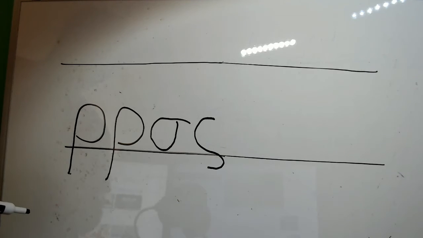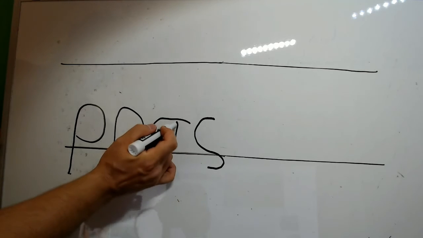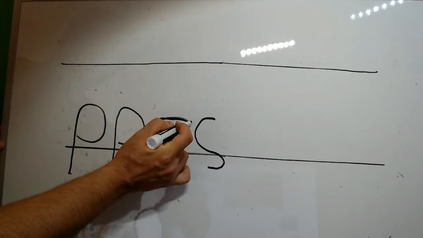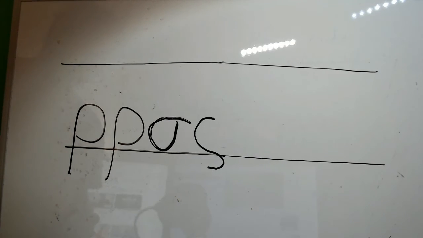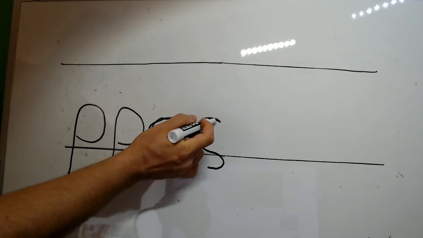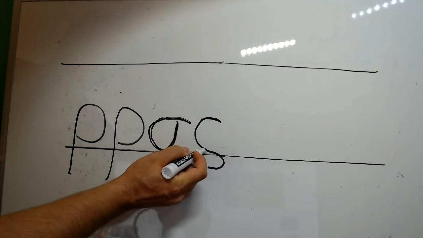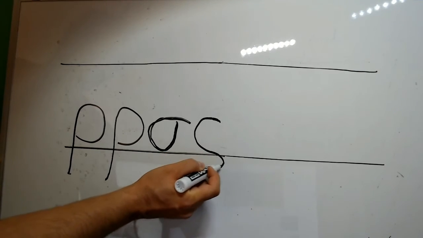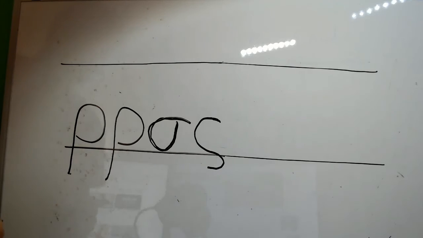Okay, so the regular form of sigma, again, looks like this. Just come around and like that. Okay, and then the final sigma, this is called final sigma. Start here and just come around here like this and make an S, but with a shorter second curve there.